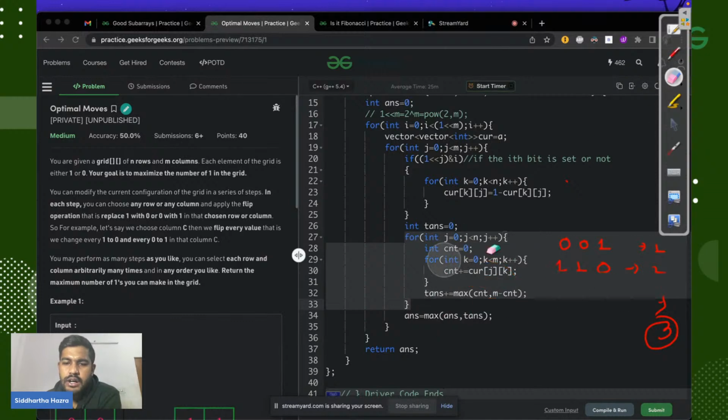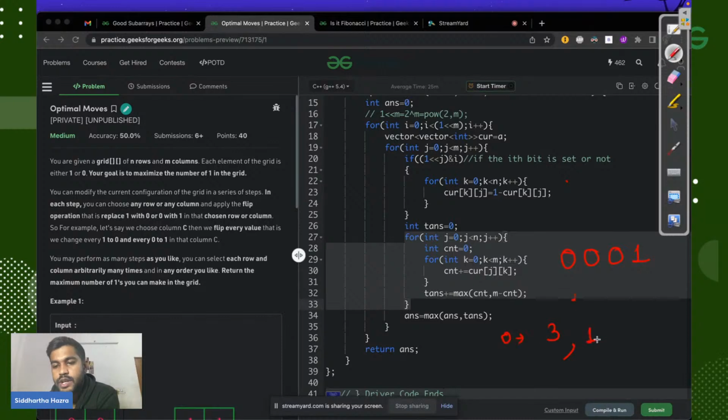Suppose the given matrix has a greater number of zeros. If the greater number of zeros is there, then we would just flip it and make it 1, 1, 1, 1, 0. So suppose the given number of zeros is 3, the given number of 1s is 1, and the total length is equal to 4.